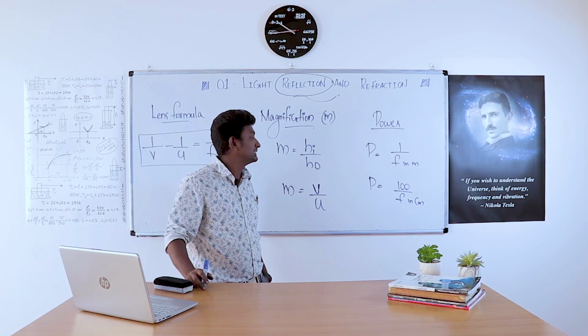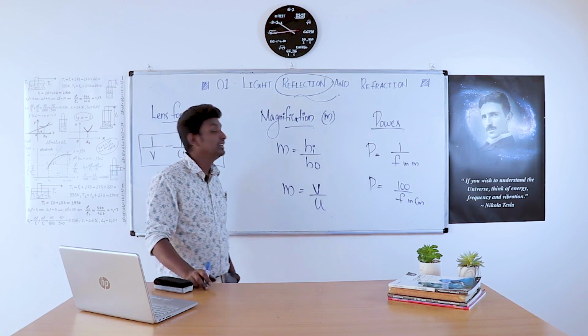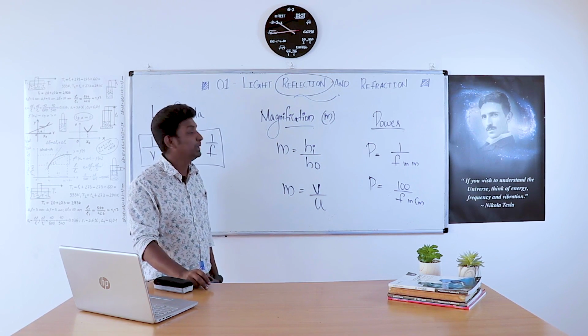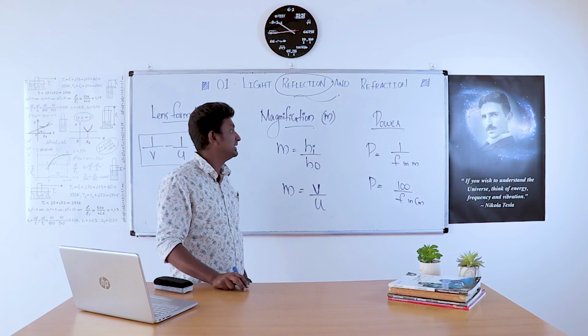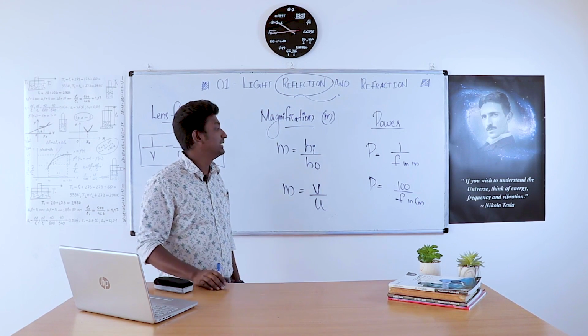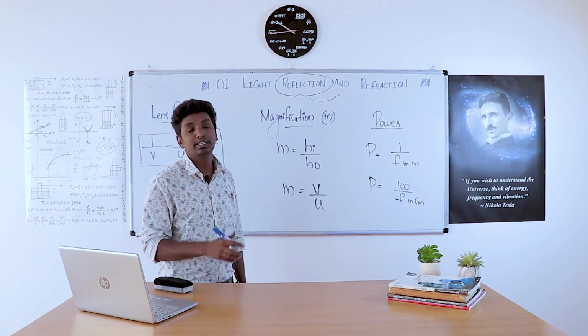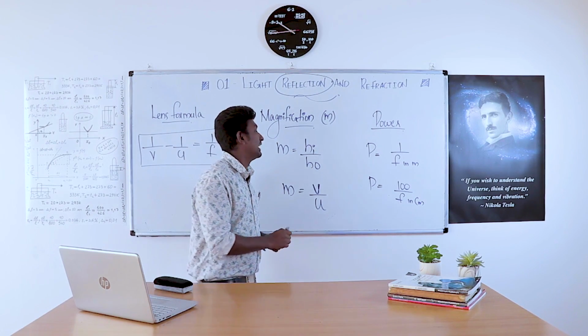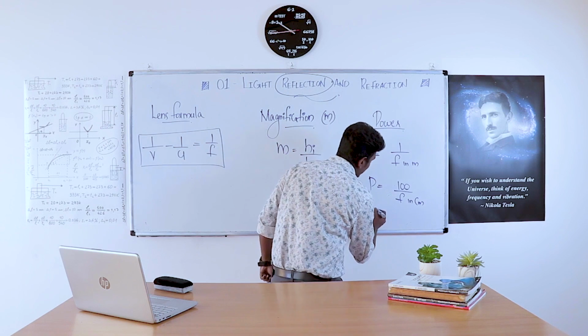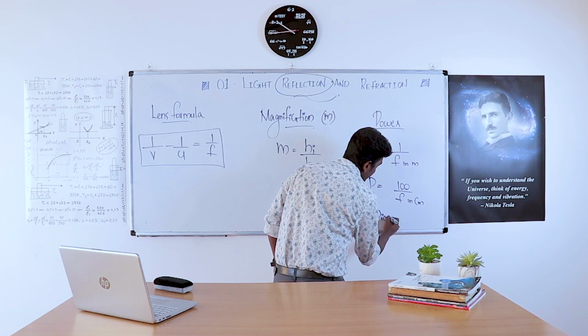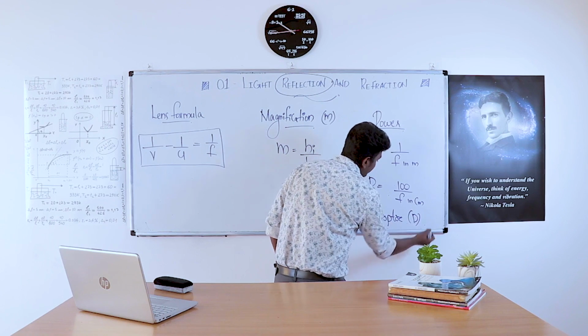If focal length is given in centimeters, then we can find the power by P is equal to 100 by F in centimeters. If it is in meters, then it is 1 by F. If it is in centimeters, then it is 100 by F. And the unit of power is the diopter, represented by capital letter D.